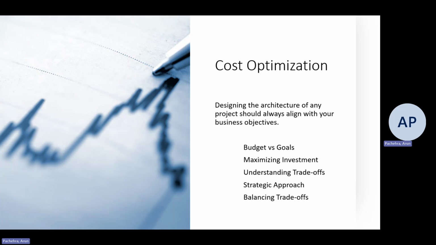This could mean using your servers more efficiently or finding ways to cut costs without sacrificing quality. Because if you are sacrificing quality, you are not optimizing cost, you're rather ruining the business. For instance, using auto scaling in Azure can ensure you're not paying for unused resources.